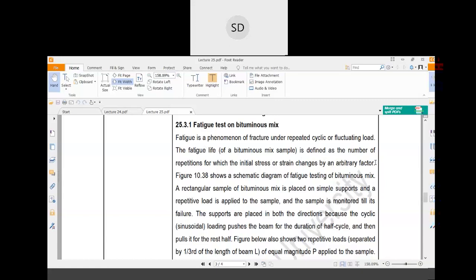Suppose there are 10,000 or 20,000 rotations. After that, whatever the initial stress or strain of the body was, it will change considerably. So basically, that is your fatigue life: how many rotations of that cyclic load are required to change the initial stress or strain in a particular body by a considerable amount.